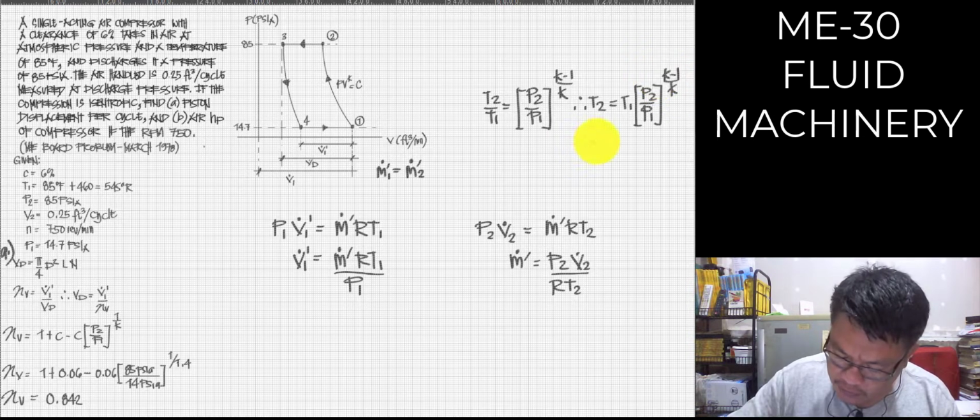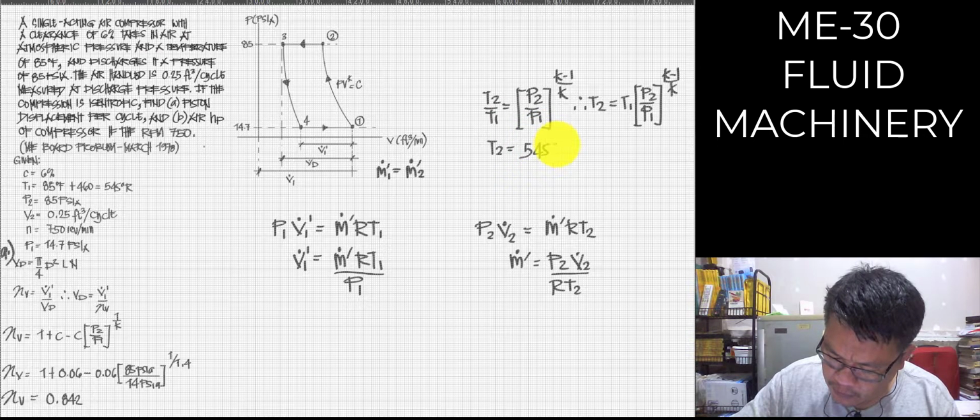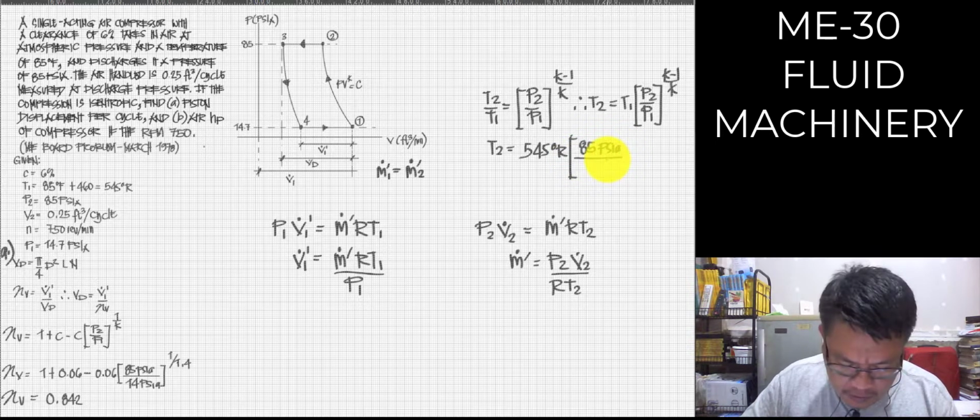So let's substitute the values into this equation. T2 is equal to the value of your T1, which is 545 degrees Rankine, multiplied by P2, which is 85 psi absolute, divided by P1, where the value of P1 is 14.7 psi absolute.